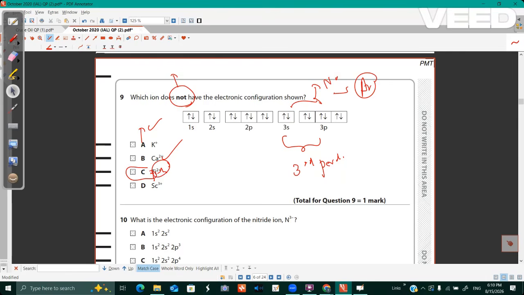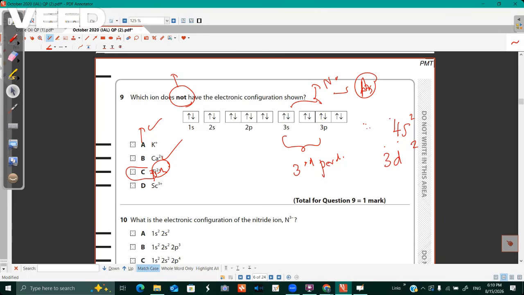Titanium is in the fourth shell. 4s2, 3d2.